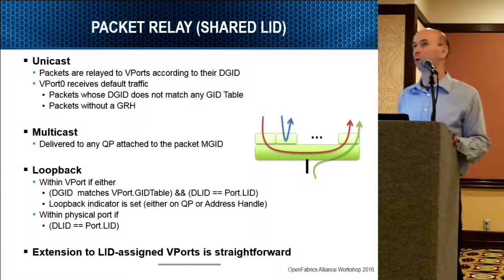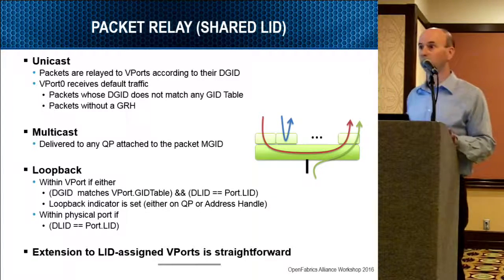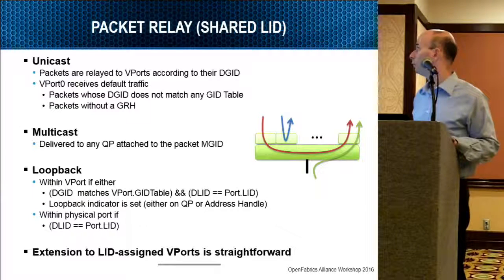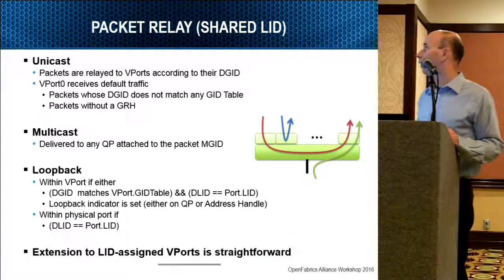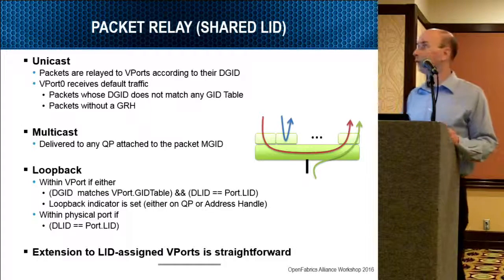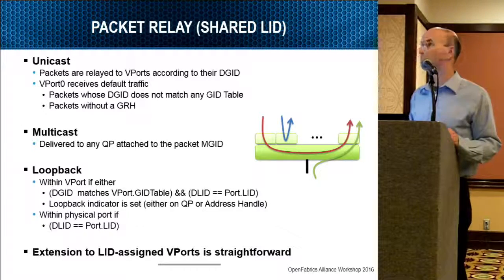So we have a bunch of virtual ports sharing the physical port LID. When we look at unicast packets, we're steering packets according to destination GID. And anything that doesn't fall under this criteria is steered to VPort 0.